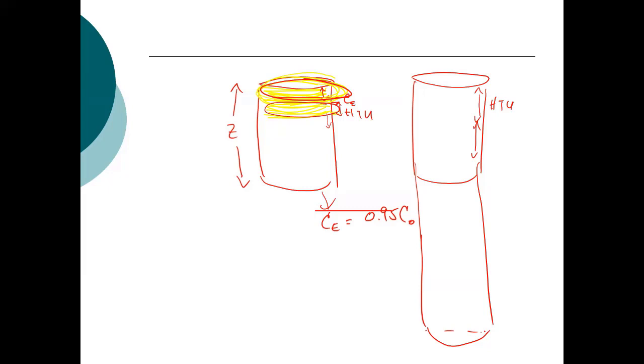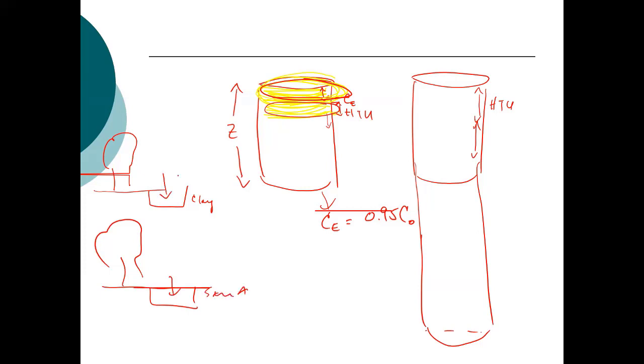So kind of think about the difference between if you have, here's your surface, and you dig a hole, and this is in clay. And you dig a hole, and this is in sand. Which will water flow through faster?